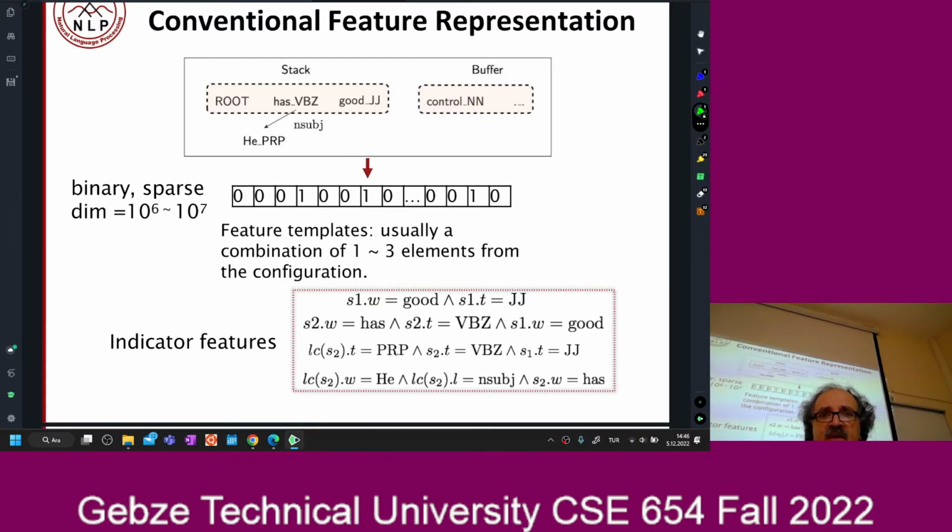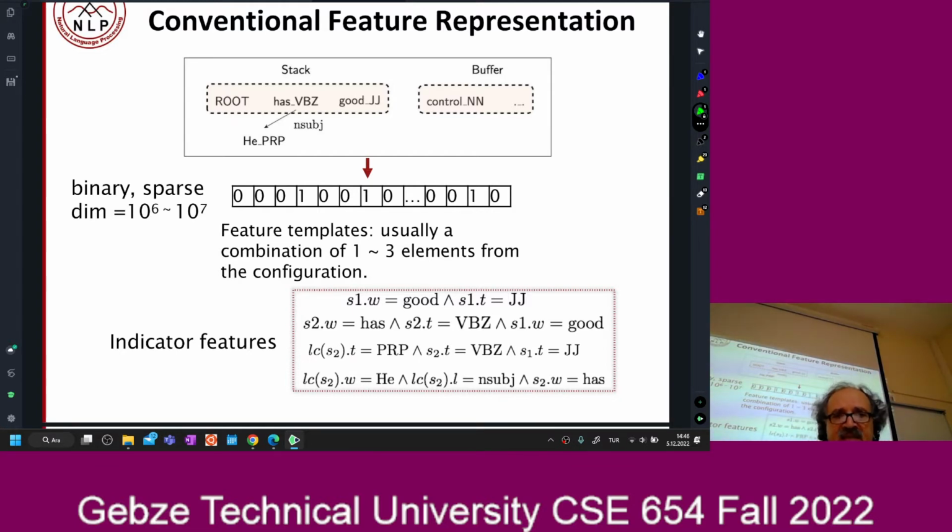Left arc. Right. Because good is the head of... Oh no. Has good control. No, maybe I should shift? Because has good control. Control is the head of good, right? Good is independent. I think I should shift in this case. Well, we don't know the exact sentence. That's why I cannot say anything like that.